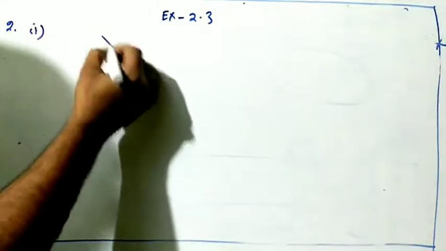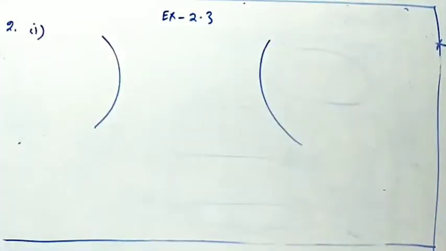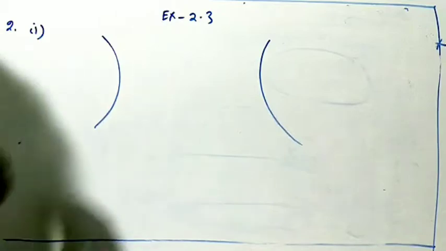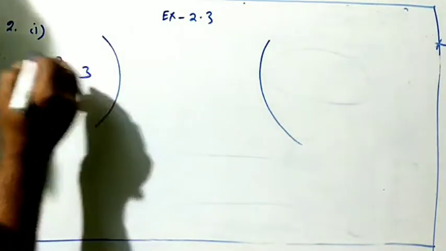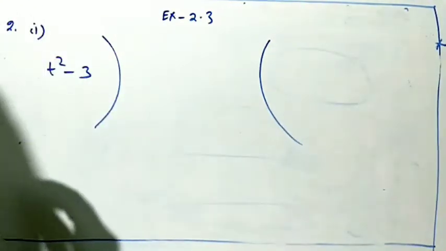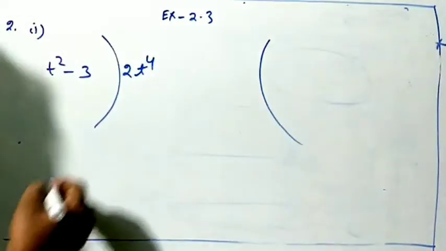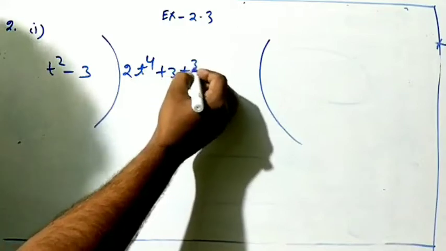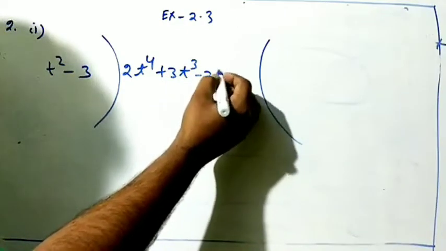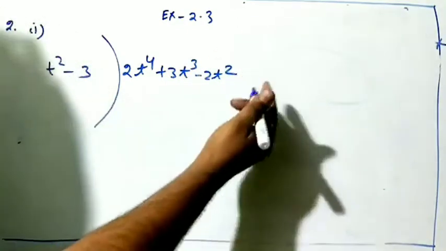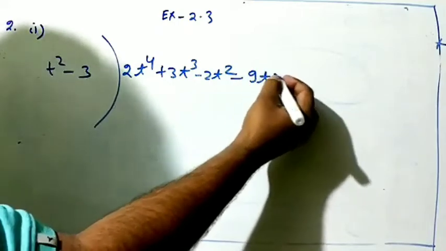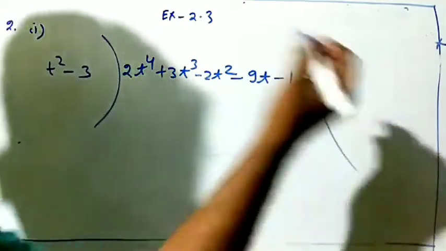first part, I am checking the factor t square minus 3 and 2t to the power 4 plus 3t cube minus 2t square minus 9t minus 12.